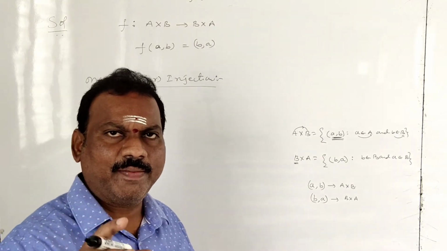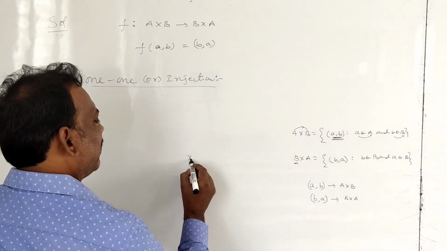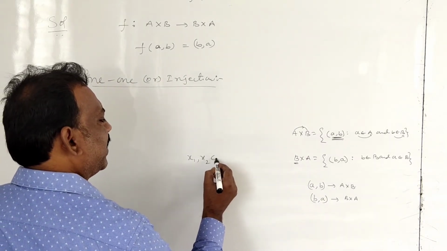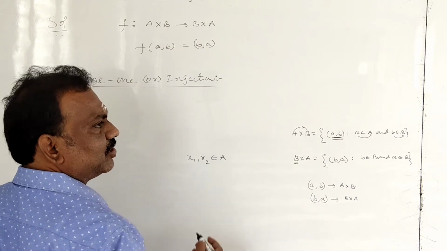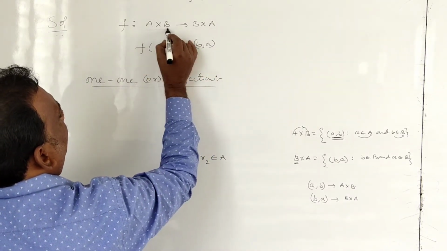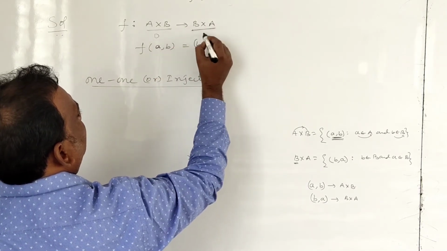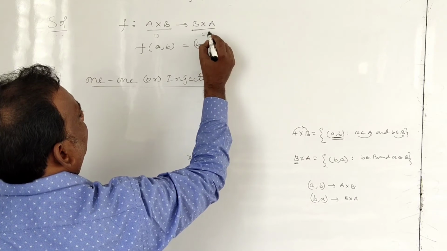You know very well the mathematical definition for checking 1-1 or injection. If you pick two elements x1 and x2 from a particular set A, that means the domain. What is the domain in this function? A cross B is the domain and B cross A is the codomain. Correct, students?